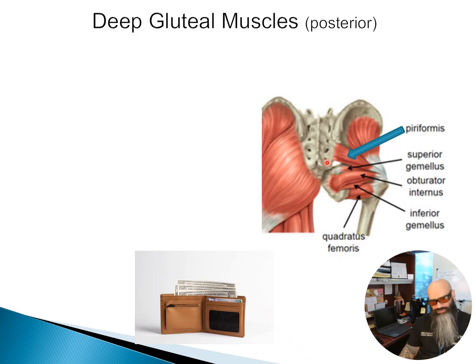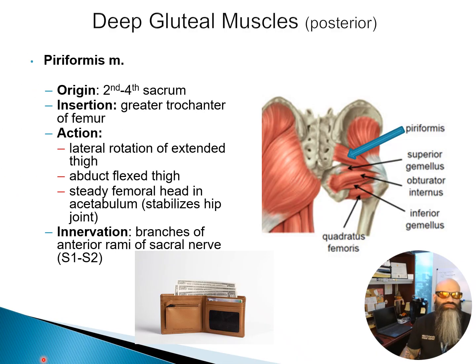Look how deep the piriformis is to the gluteal muscles, gluteus maximus. Piriformis, your hip external rotators. Know that the piriformis inserts at the greater trochanter and originates from the sacrum.